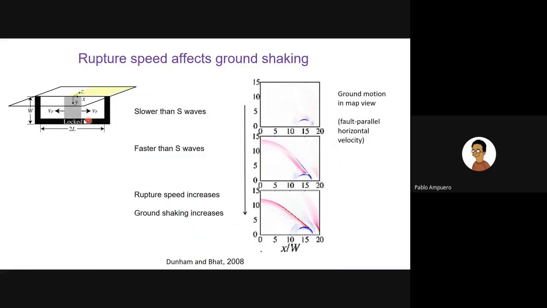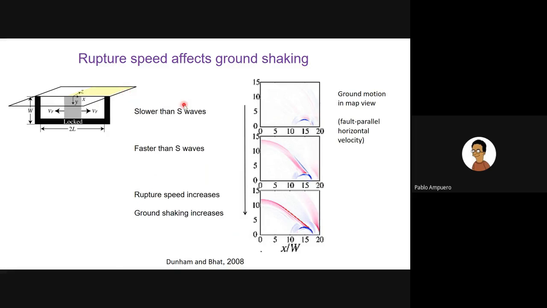So here are results from a simulation from an older paper by Eric Dunham and Harsha Bhat. Here's a fault plane, a vertical fault, and they modeled an earthquake that's expanding from the center in both directions, sweeping along the fault. And we are going to look at the ground motion in map view and focus on a quarter of the space.